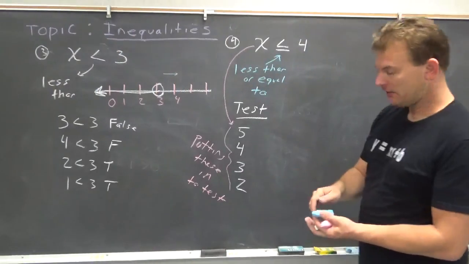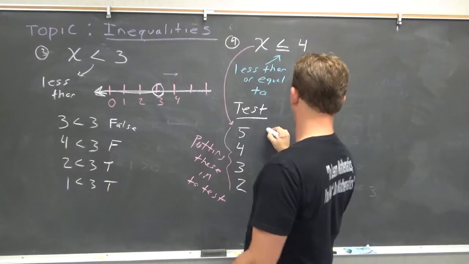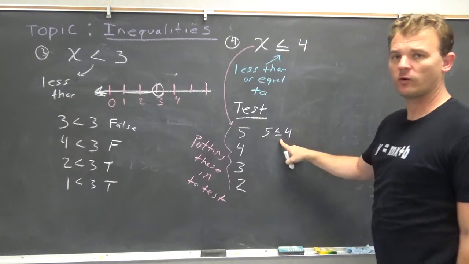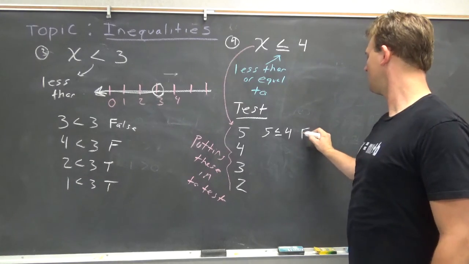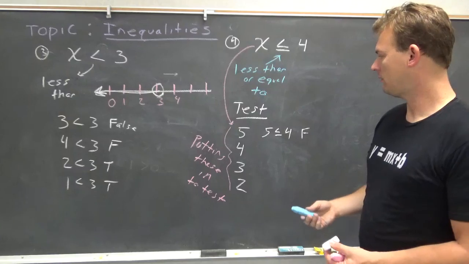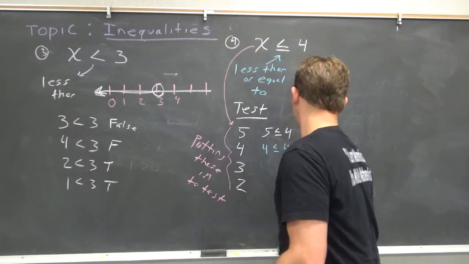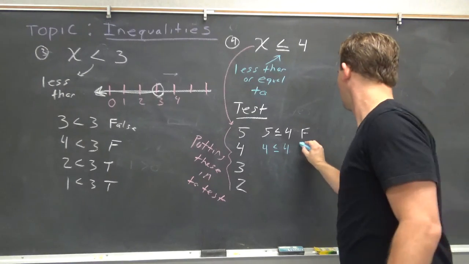So we put 5 in. Let's see, if we put 5 in, we got 5 is less than or equal to 4. Is 5 less than 4? No. So that doesn't work. What about 4? Is 4 less than or equal to itself? Well, if it's less than or equal to, that's true.